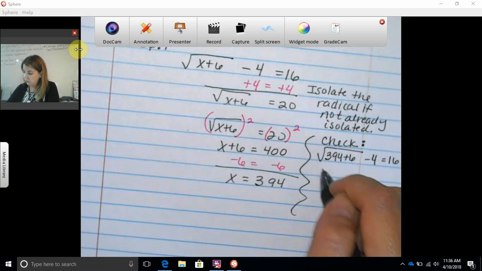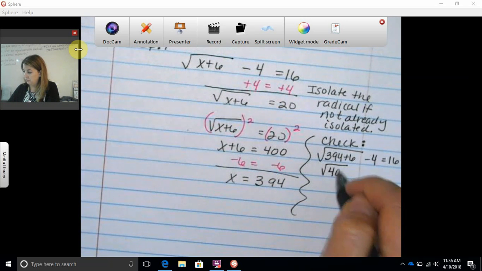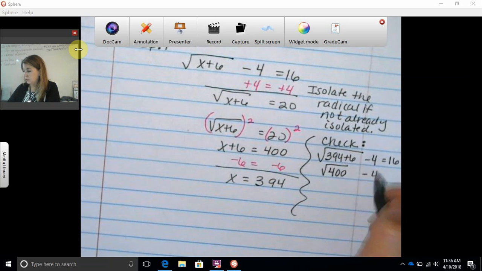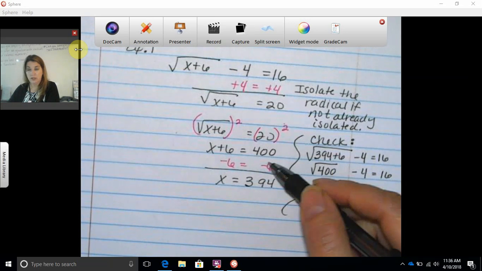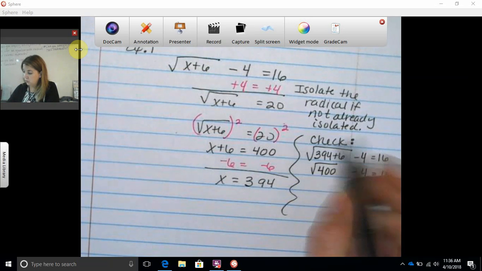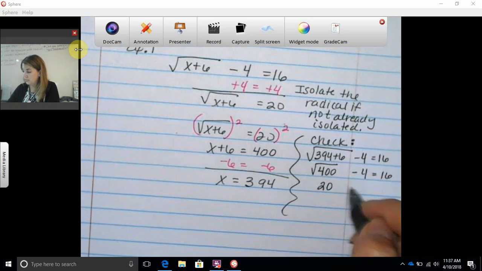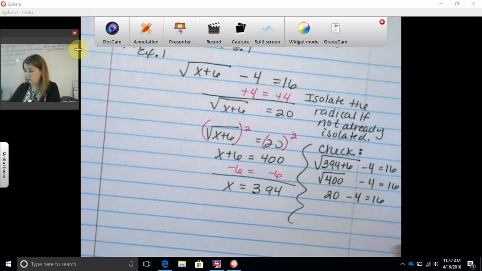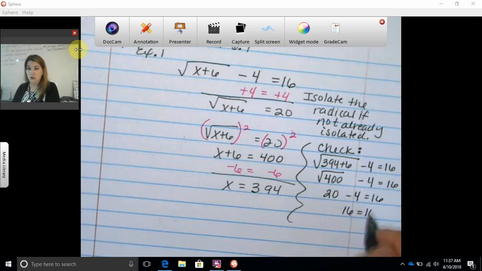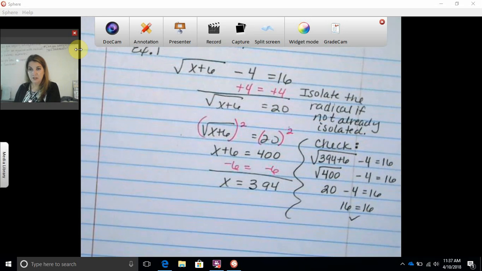So 394 plus 6, that's the square root of 400, and then minus 4 equals 16. What's the square root of 400? 20. We know if 20 squared is 400, then the square root of 400 is 20, right? So that gives us 20 minus 4 equals 16. What is 20 minus 4? 16. So true statement, yes? So 394 is your solution.